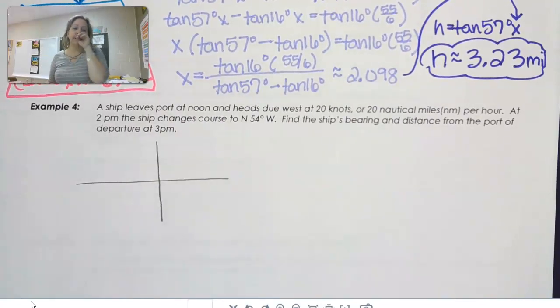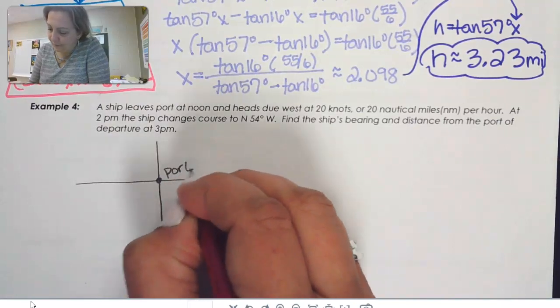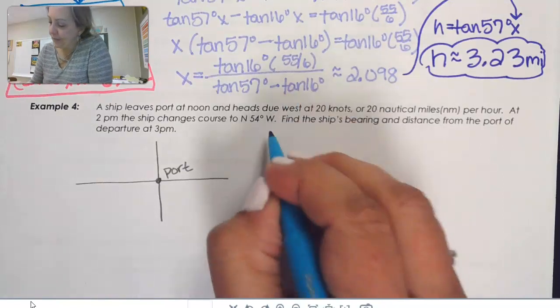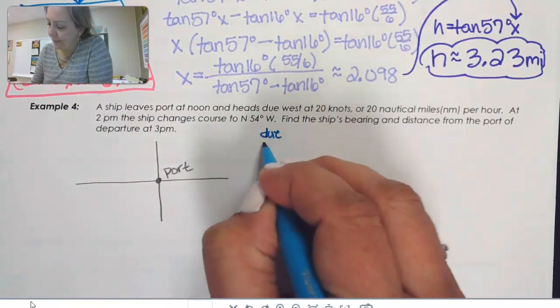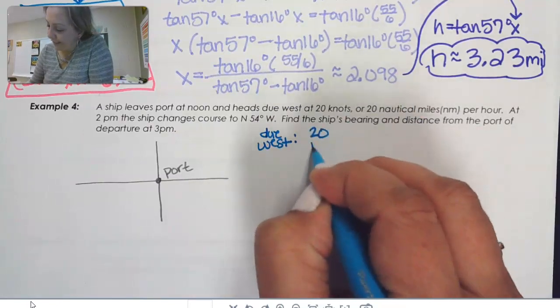First, I'm going to draw a north, south, east, west grid, like a coordinate plane, to start. And let's say that this is the port. My original origin is the port. And it does say that it heads due west at 20 knots, or 20 nautical miles per hour. So when we're looking at what's happening due west, this is 20 knots.